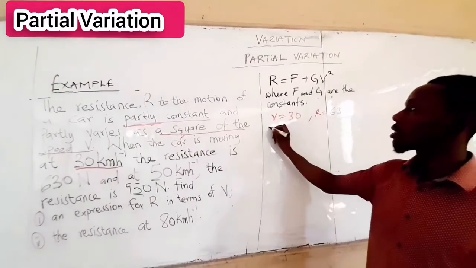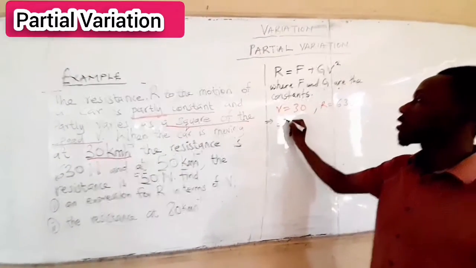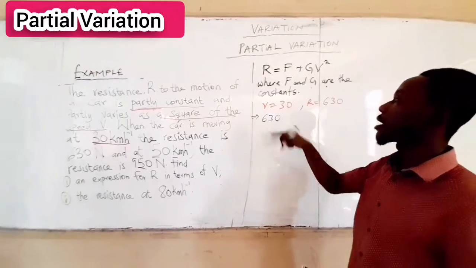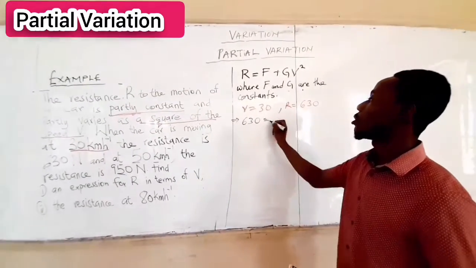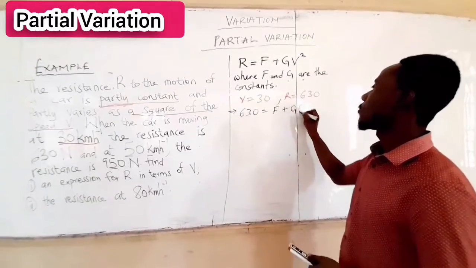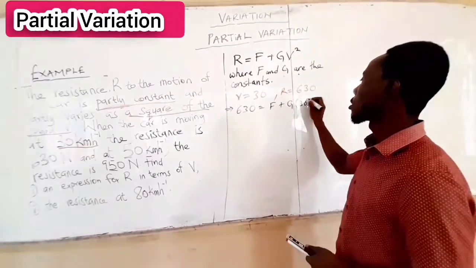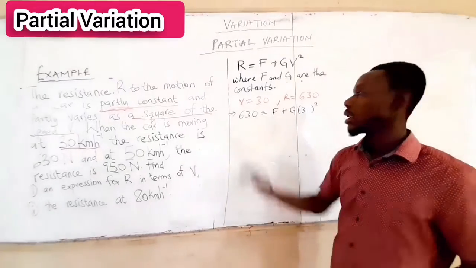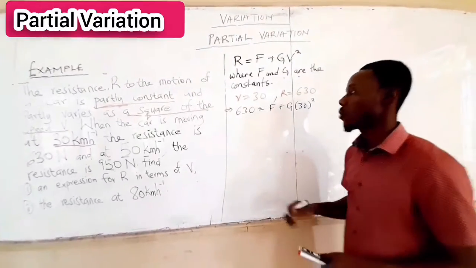We have 630 equal to F plus G, and the V is what? 30. Then all squared. Let's simplify this one.